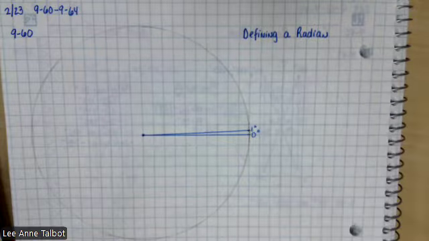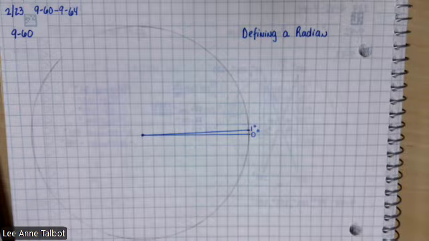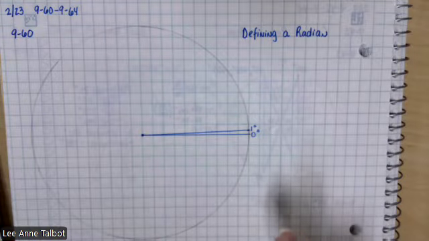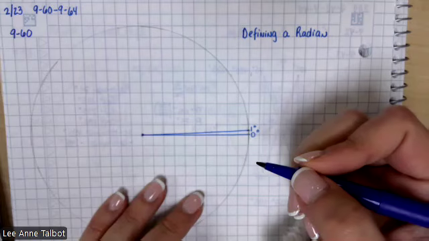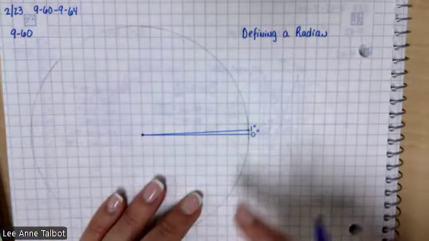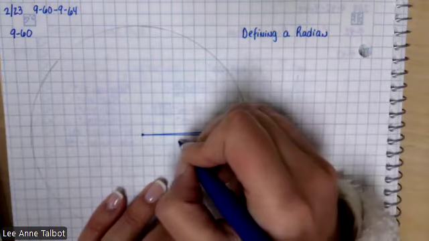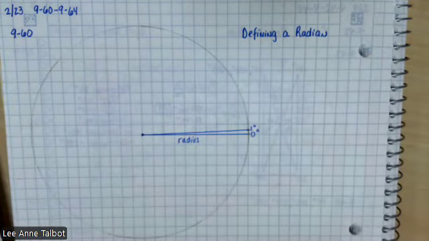But I want you to imagine the circle broken up into 360 equal pieces. This is just so you can see the difference between a degree and a radian. We can all visualize there's 360 of those little dudes around the circle. Again, that's the only degree we're going to draw. I am going to label that the radius.